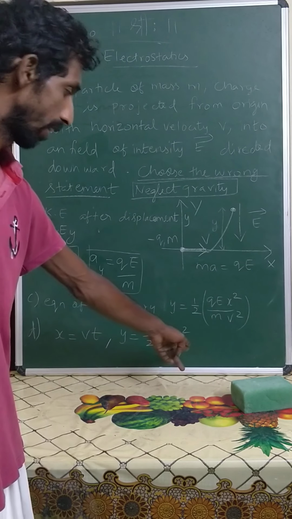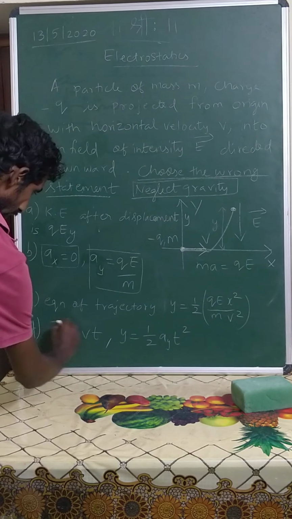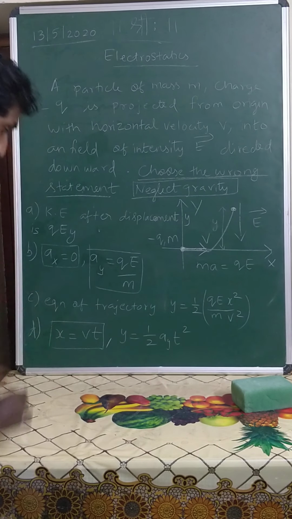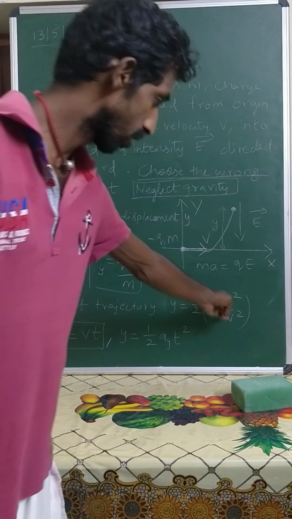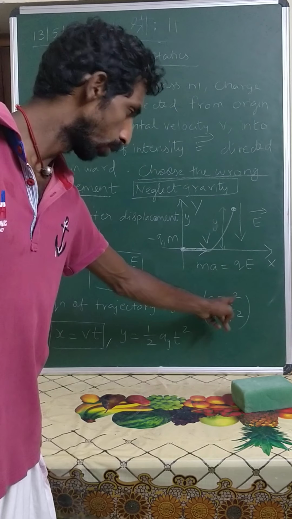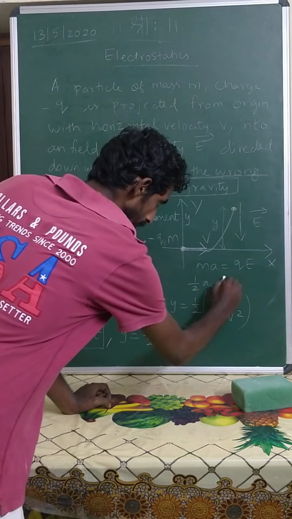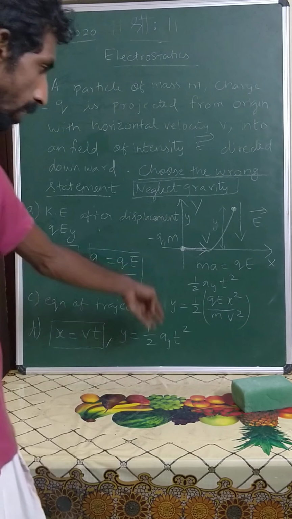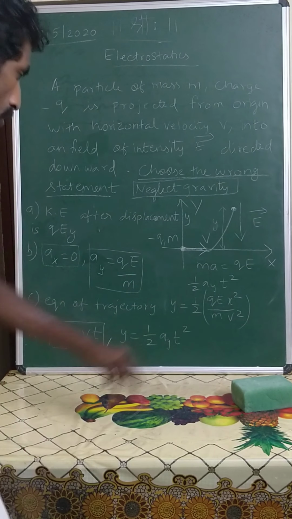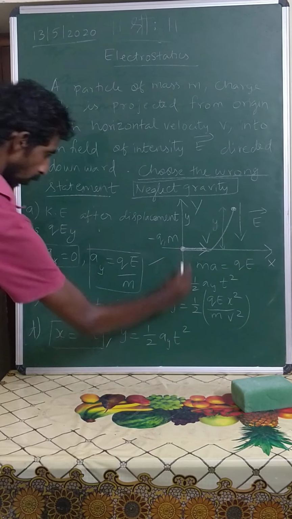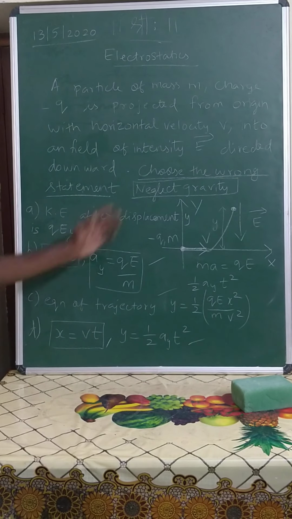From this we get t equal to x by v, and substituting it here, with ay equal to QE by m and t square equal to x square by v square, options B, C and D are all right.